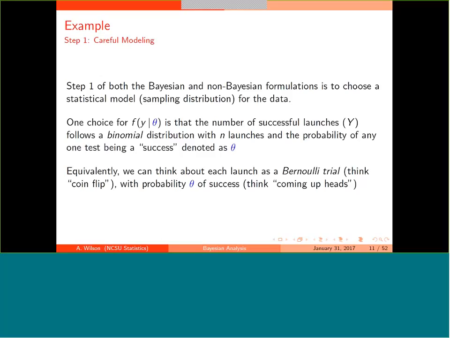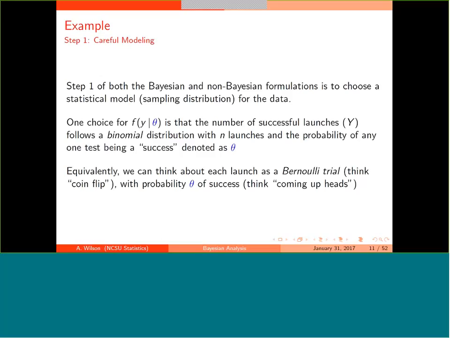So if my previous data says I saw 3 out of 11, what I want to do is try to estimate that probability theta. But if I have some particular value of theta, what would I expect to see if I did 11 experiments? And so this is the interesting back and forth that we're going to have between this parameter, theta, this probability, and the data that I might expect to see if I knew the value of that parameter.